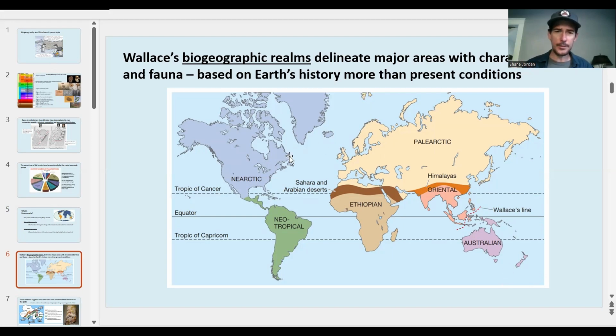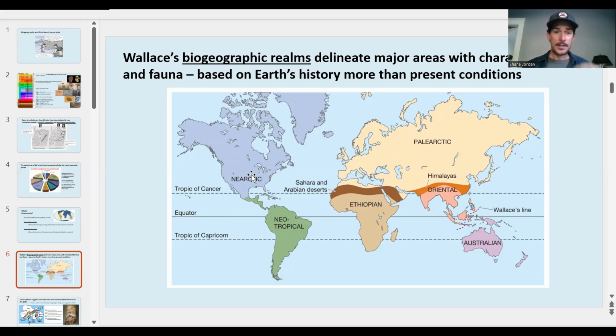And so we can look at these different continents, probably familiar, and we can assign different designations to them, basically according to their relationship with latitude. And so we have the equator here, and we have the tropics, both north and south of the equator.